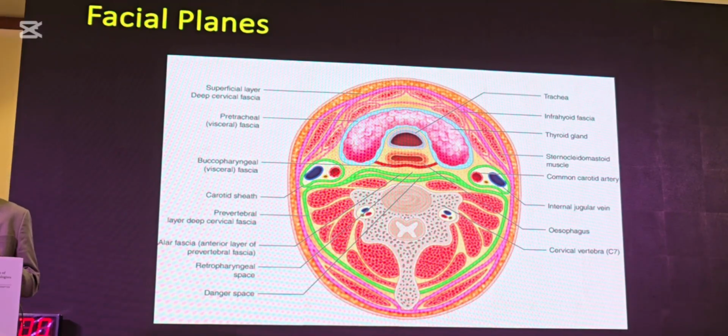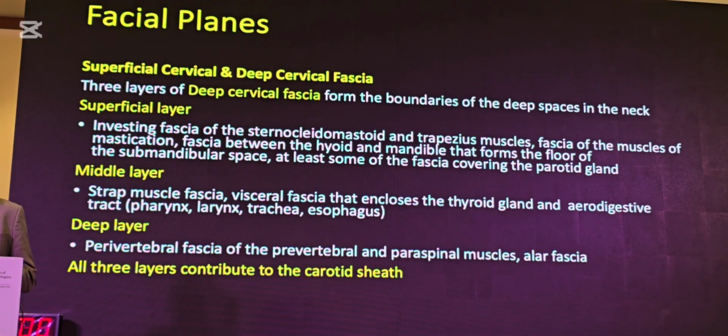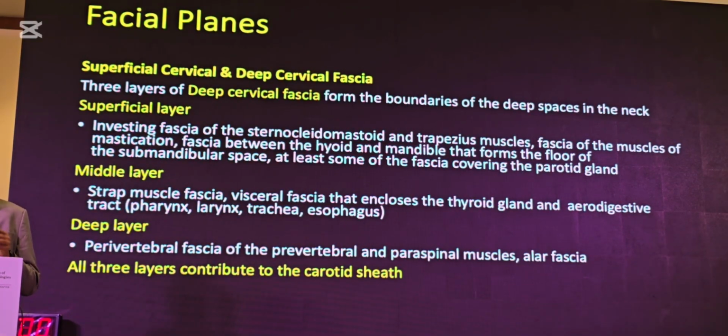So fascial planes are broadly superficial and deep cervical fascia. Superficial cervical fascia is a very loose areolar tissue between the skin and the platysma. The deep cervical fascia is divided into superficial, middle, and deep layers.